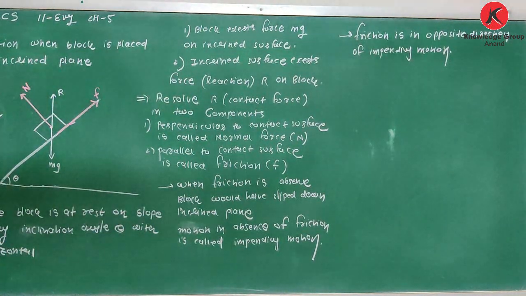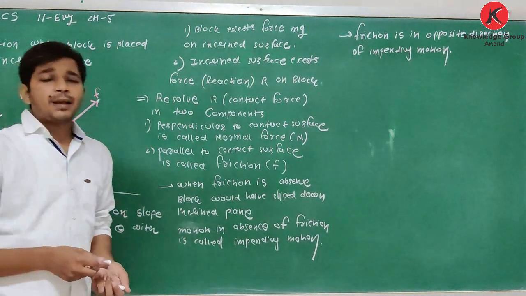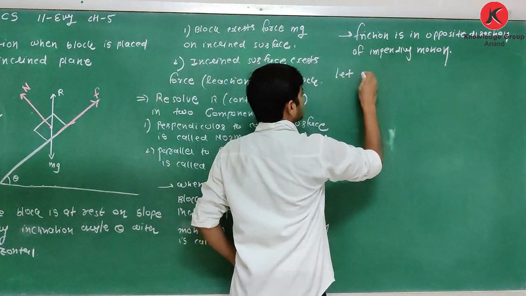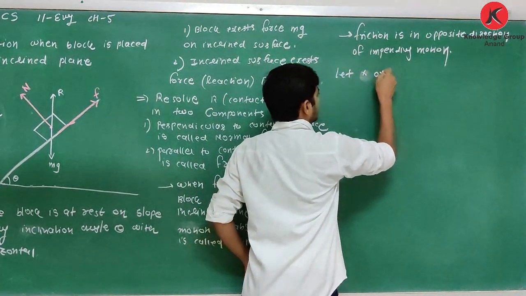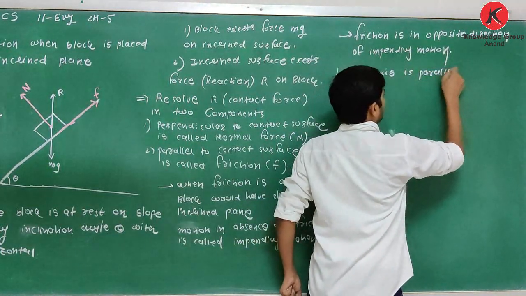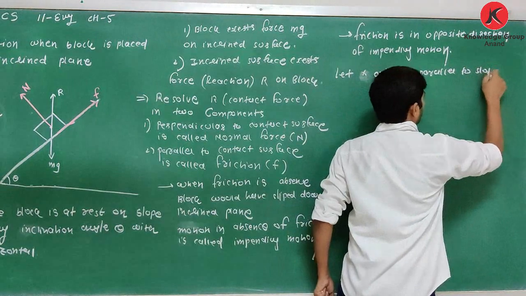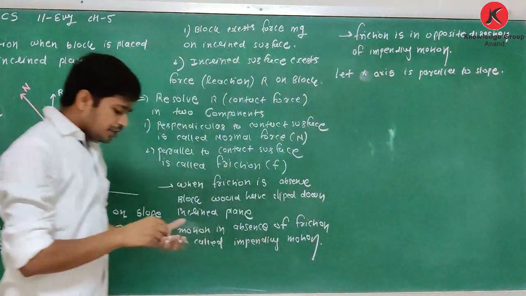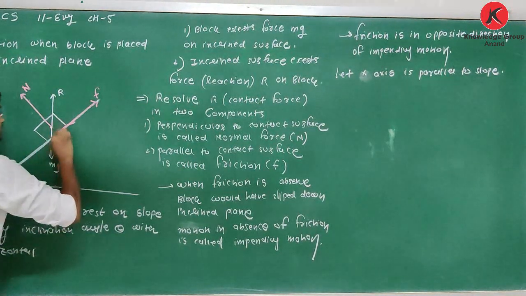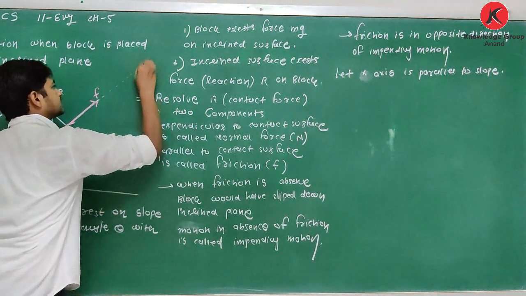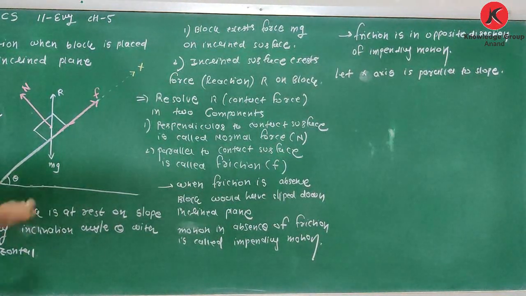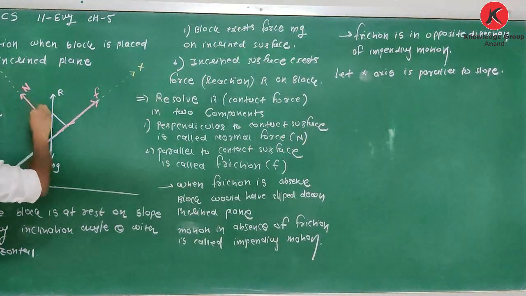Now, one important thing. We are assuming the x-axis parallel to the slope. So let the x-axis be parallel to the slope. Yes, it is the x-axis. Obviously the y-axis is perpendicular to it.